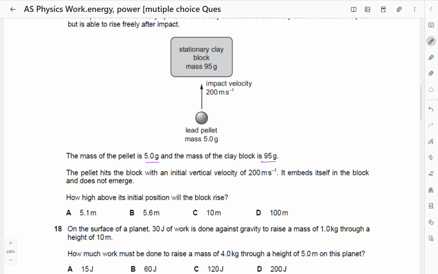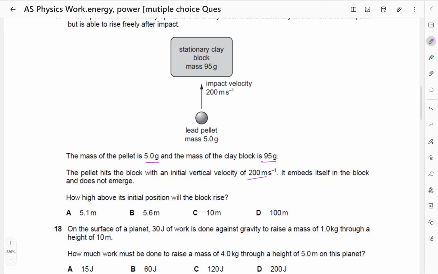The pellet hits the block with an initial vertical velocity of 200 meters per second. It embeds itself in the block and does not emerge. How high above the initial position will the block rise?